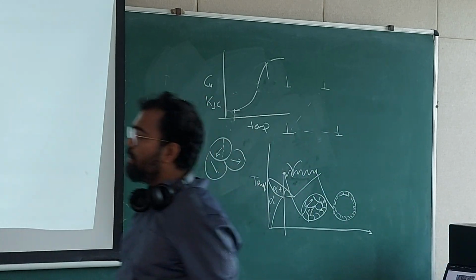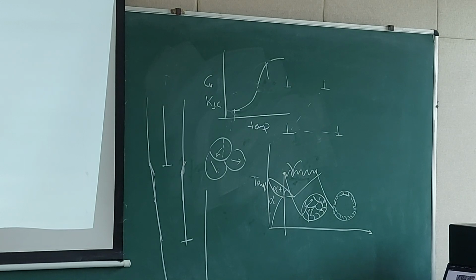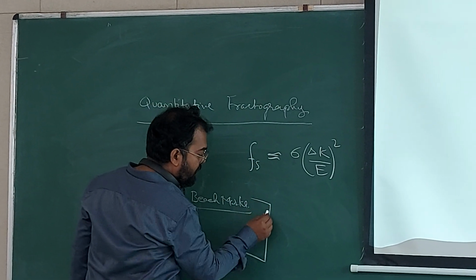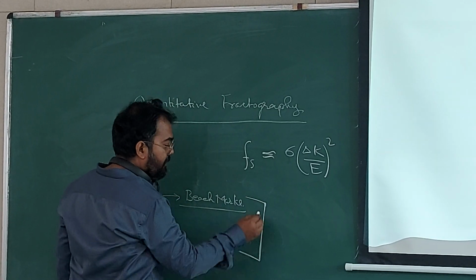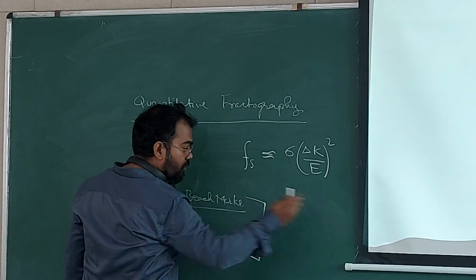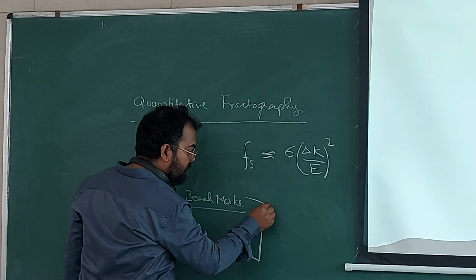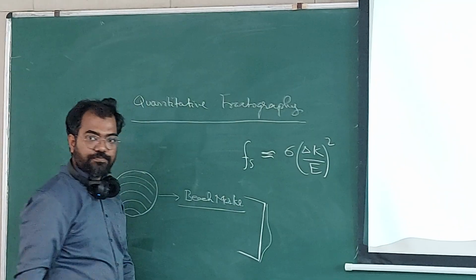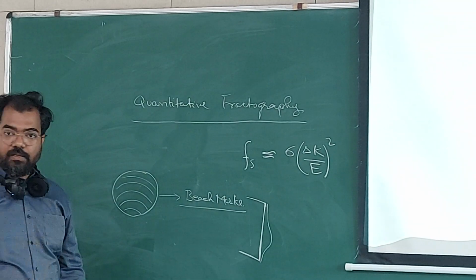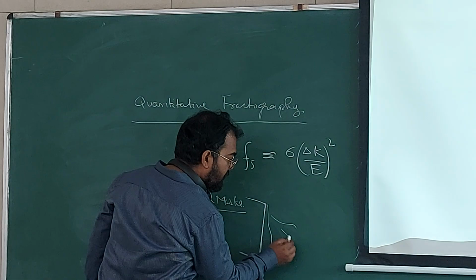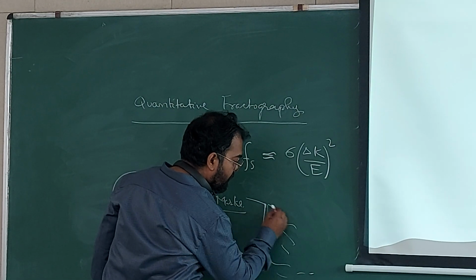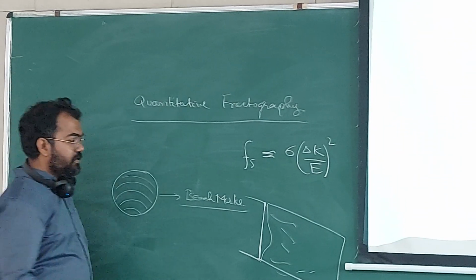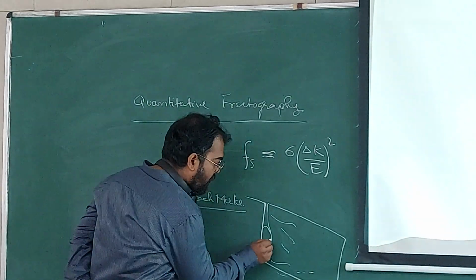But in a broken sample, for example, if this was your fatigue pre-crack, until here you have fatigue pre-crack, and then you had fracture, so you will see something like this, very small, and then complete fracture. Okay, so you will see river lines and all these things here. So this is a representation of plasticity.